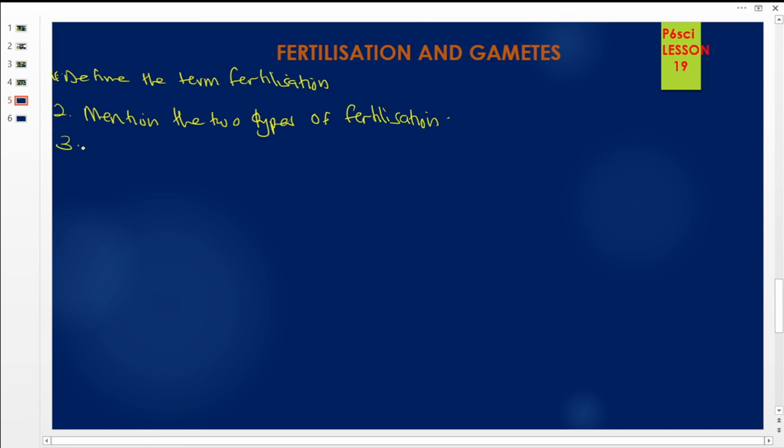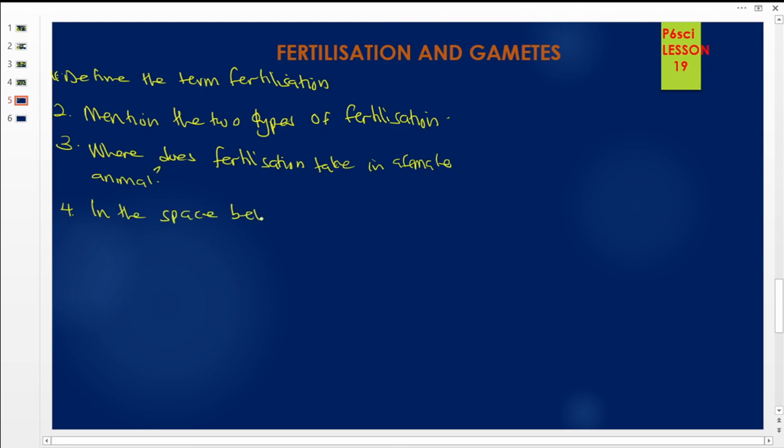Number 3, where does fertilization take place in a female animal? Number 4, in the space below, draw a sperm and label all the parts.